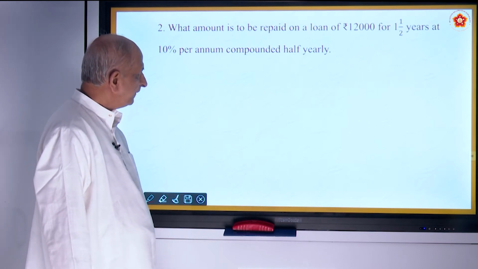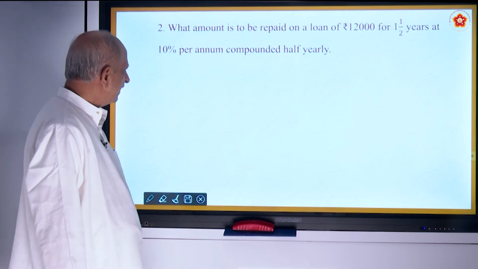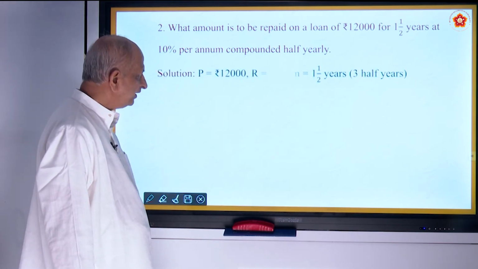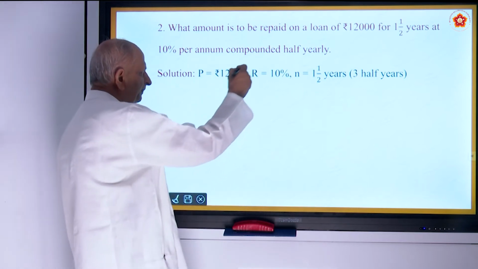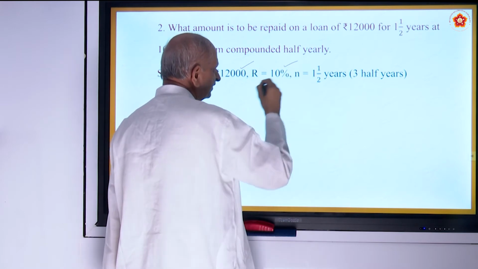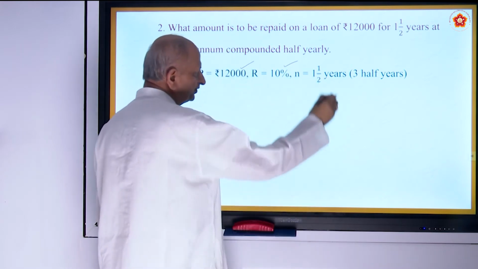What amount is to be repaid on a loan of rupees 12,000 for 1.5 years at 10% per annum compounded half yearly? So principal is 12,000, rate of interest is 10%, time is 1.5 years, means 3 half years.